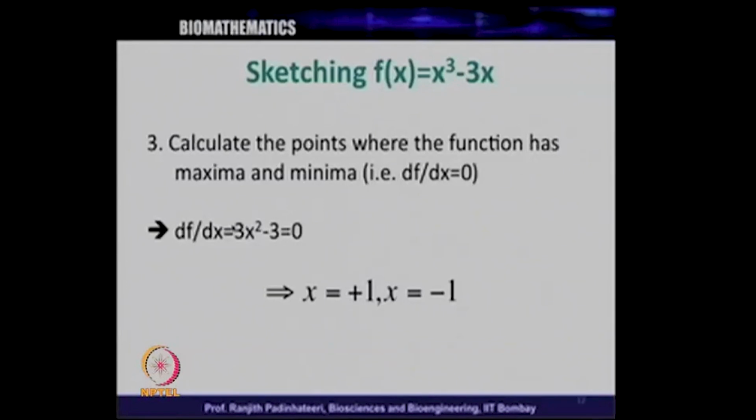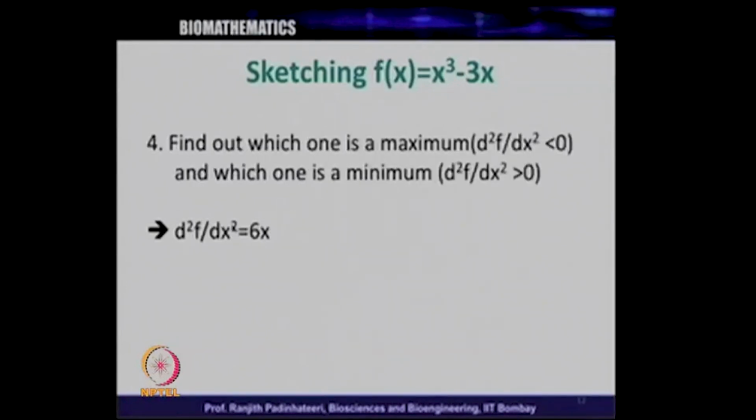Now, how do we find out whether it is a maxima or minima? We have two extrema here at +1 and -1, and we want to find out which one is a maximum and which one is a minimum.